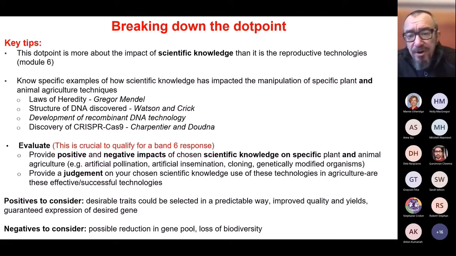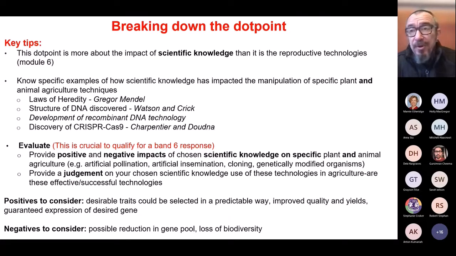Some examples you might want to tuck away, that you would have learned even in junior years and certainly in Year 11 and 12 content, are the laws of heredity. Gregor Mendel had no idea about genes and alleles, but what he did bring to the table was that understanding of factors that were passed on to subsequent generations. Armed with that knowledge, a whole lot of research went in between, but we then have Watson and Crick discovering the structure of the DNA molecule.